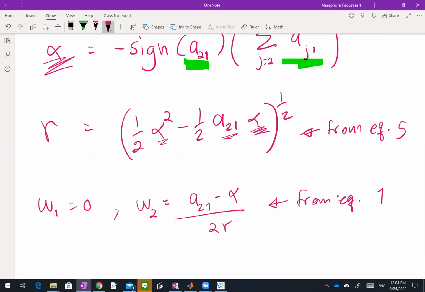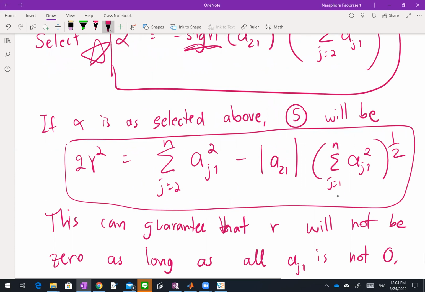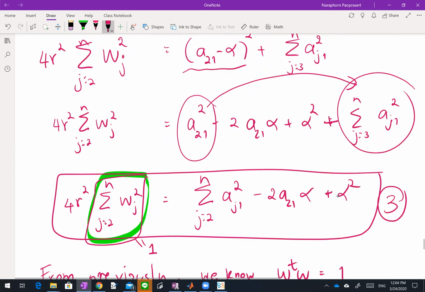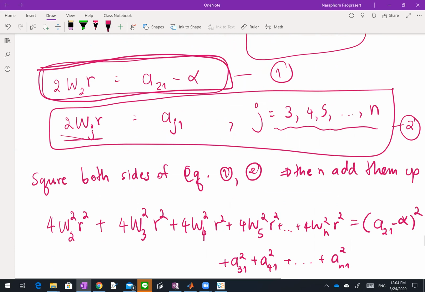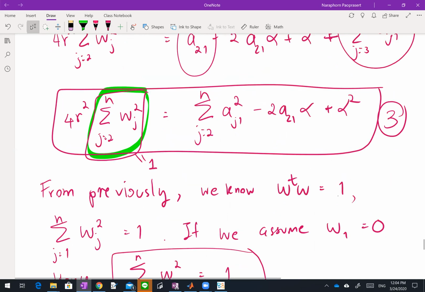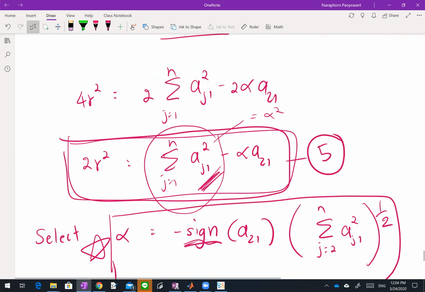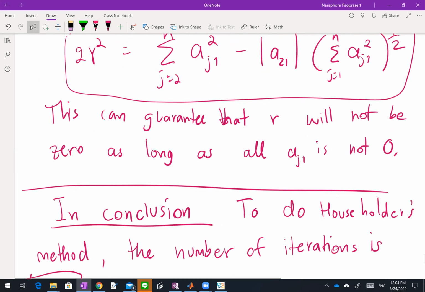Let me just go back to equation number 1. Here, if you move 2r to be the denominator, then your W2 is just A21 minus alpha divided by 2r. So this is what we have. So this is W2.